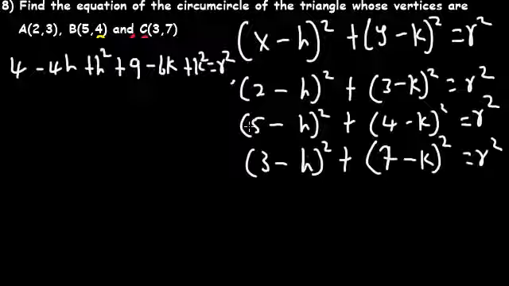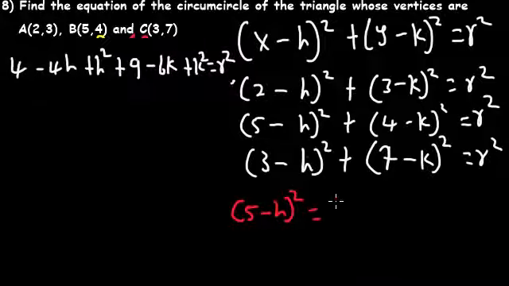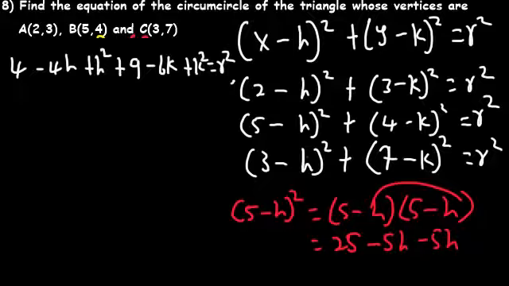For the second expansion, (5 minus h) all squared equals (5 minus h)(5 minus h). 5 times 5 is 25. 5 times minus h is minus 5h, then minus 5h, plus h squared.